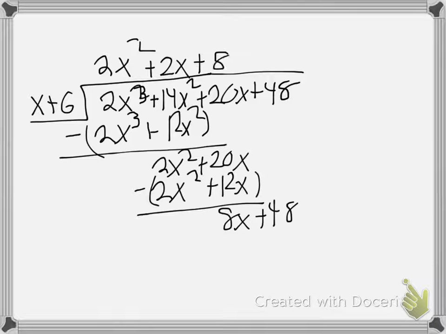Then 8 plus, that gives me 8x plus 48 down here, and subtracting, that gives me 0, which tells me that x plus 6 actually is a factor of 2x cubed plus 14x squared plus 20x plus 48.